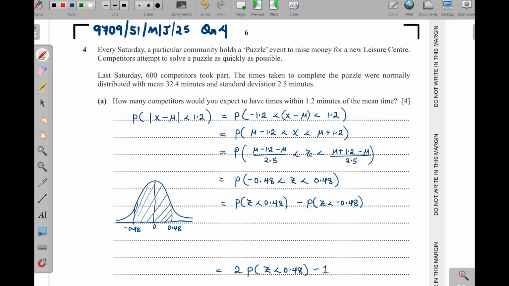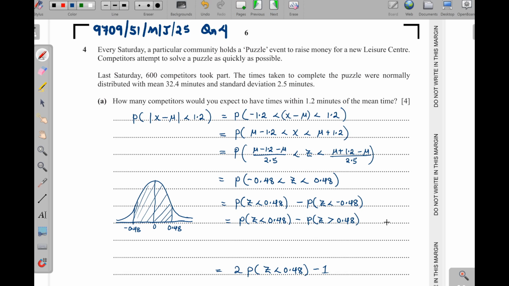Now this one, if it is less than the negative here, then it is the same as greater than the positive. It is the same as this region here. You get that? So this simply implies that we can have this one as probability of z less than 0.48, then minus probability of z greater than 0.48.